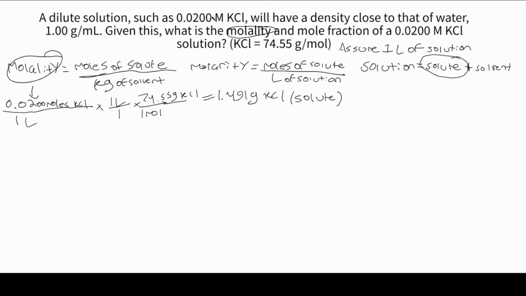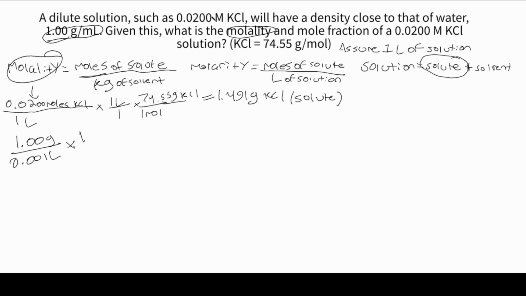Now if we can somehow find the grams of solution, and we have the grams of solute, then we can just subtract the grams of solute from the solution and get the grams of solvent, and then we divide by 1,000 and get kilograms of solvent. So how do we get grams of solution? We're going to use the density that was given, 1 gram per milliliter, in other words, 1 gram over 0.001 liters, because 1 milliliter is equal to 0.001 liters.